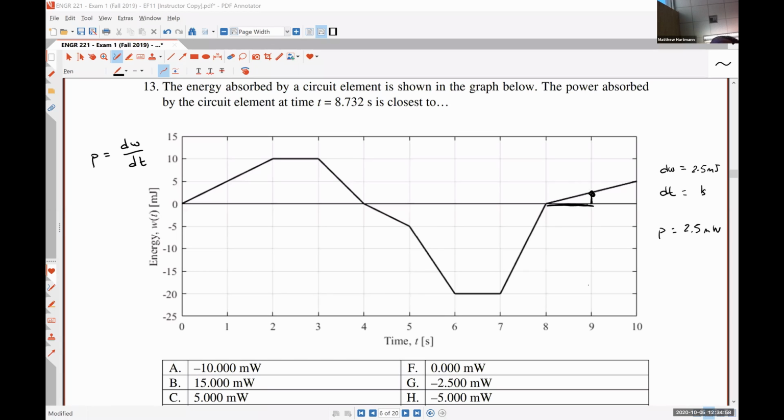All right, this point is at 2.5, and this point is at 7, 0. The change in y is 2.5. All right, I see. Thank you. Yep. Next question.